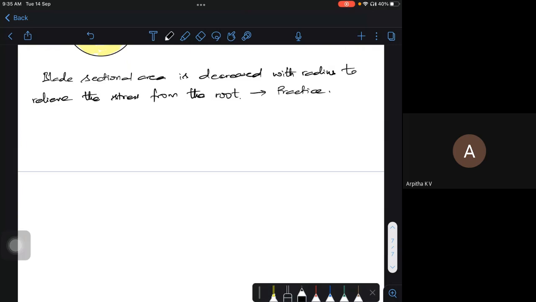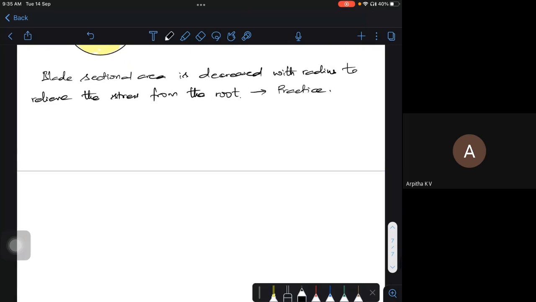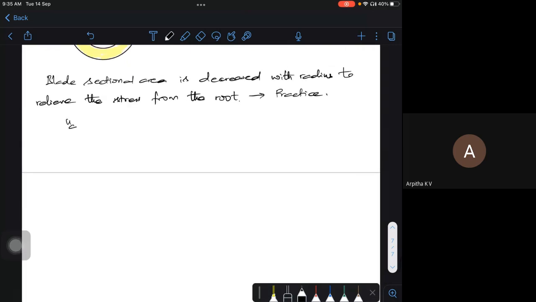Your critical speed, U critical, will be roughly around 350 meters per second. Once again, this depends on your annulus. Suppose this speed is more than 350, then I can't run at those speeds.